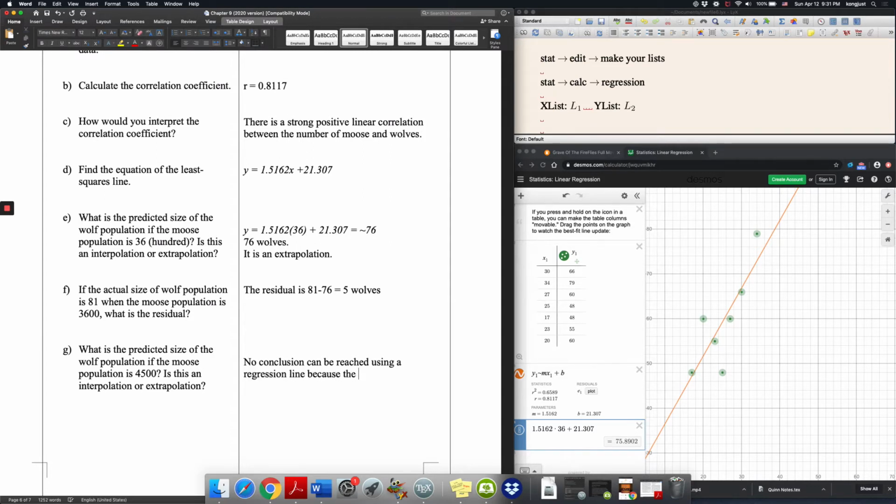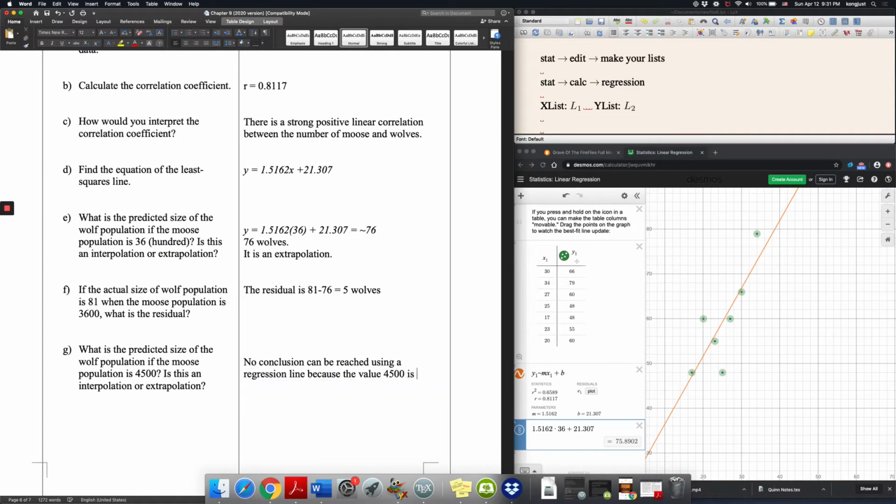That's because the value 4,500 is both outside of the range and it is not close. That's worded pretty badly.